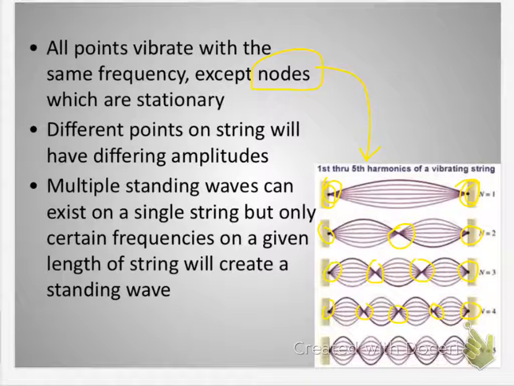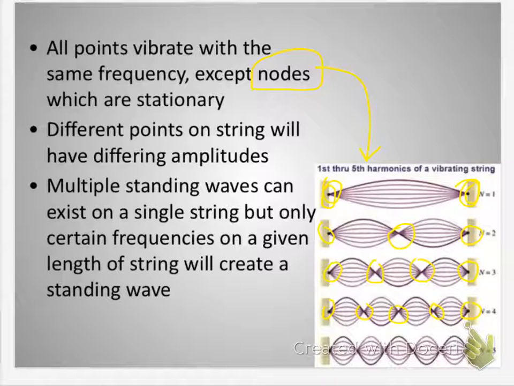A jump rope, actually, is the first harmonic. But that's hard to get going with a spring like that because you don't actually want it to be going like this. You just want it to do this. So you can get multiple standing waves out of the same length of string or spring. But there are only certain frequencies that will actually create a standing wave.